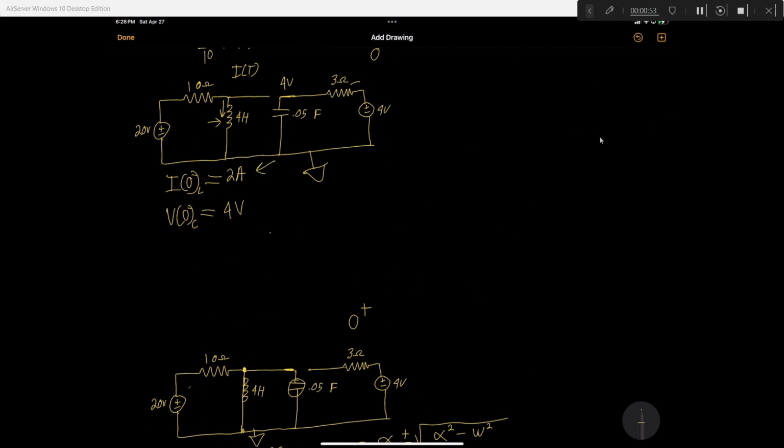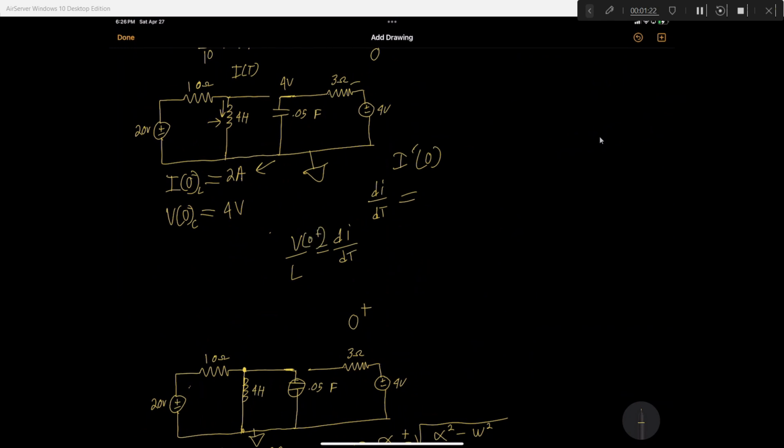This is going to be our I at 0, or IVP. But we also need to find di/dt, to find our initial value for I prime at 0. That's going to be equal to the voltage initially across the inductor divided by its inductance, which we'll give as di/dt.